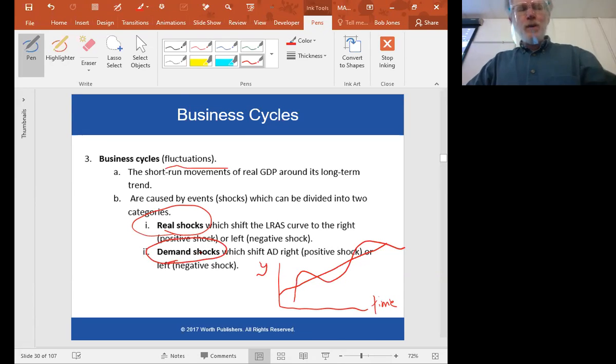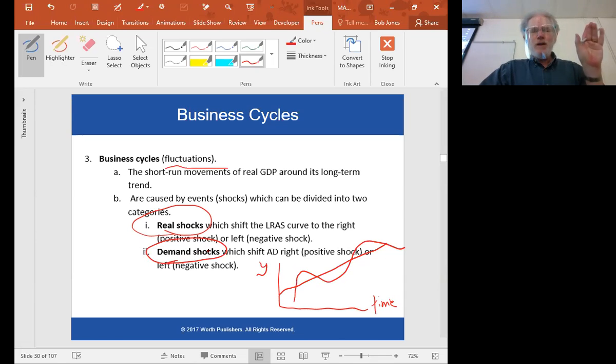So two categories of causes for the business cycle. Real shocks shift the long run aggregate supply curve. Demand shocks shift aggregate demand. And for both, if it's shifting to the right, that's a positive shock. If it's shifting to the left, it is a negative shock. Okay?